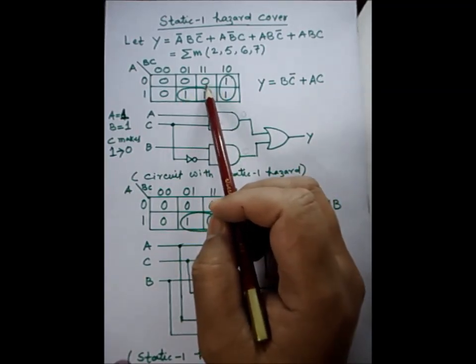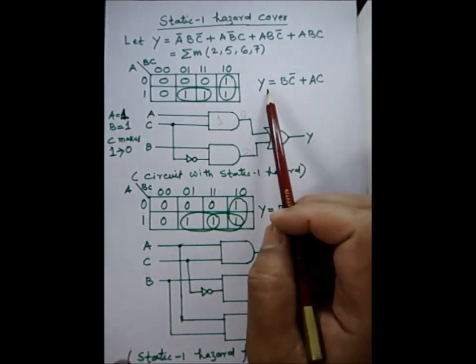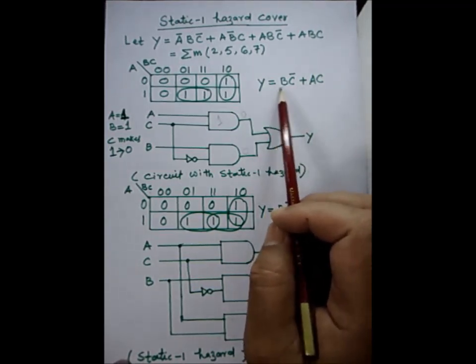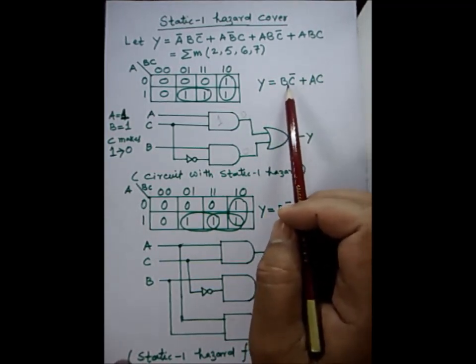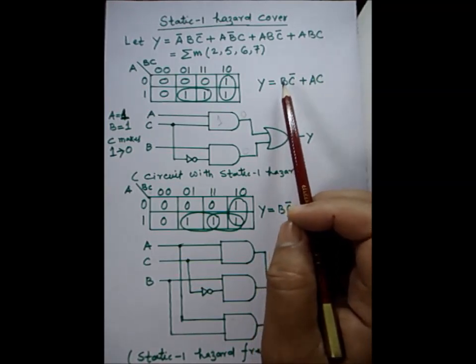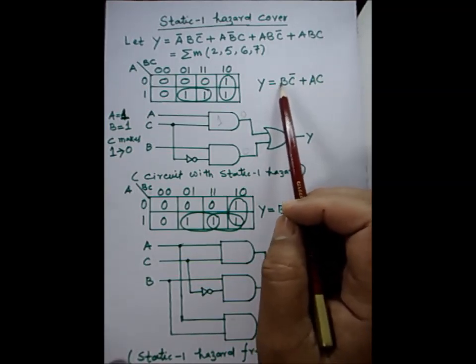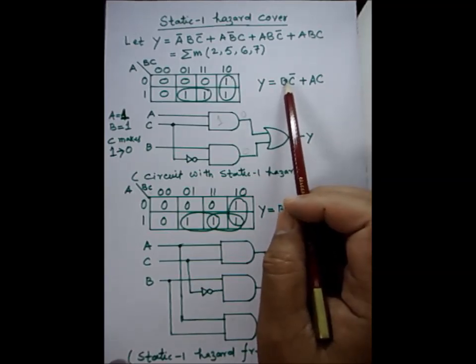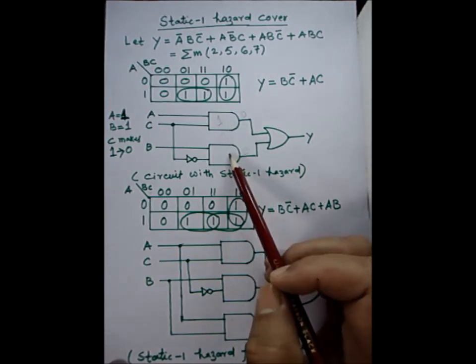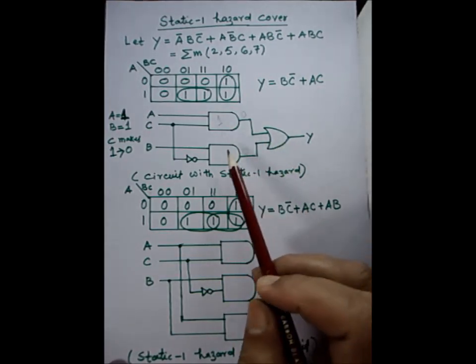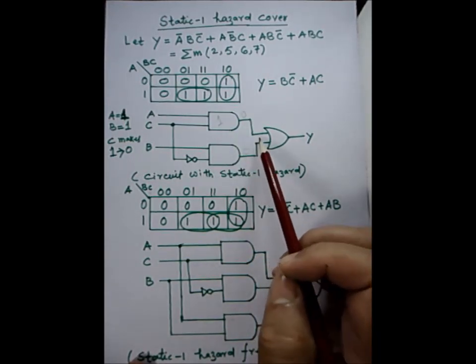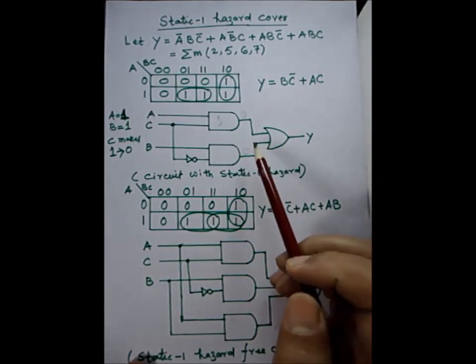After simplifying with the help of a K-map, we got the minimized expression in sum of products form. This minimized form of the Boolean expression is drawn here in basic gates, and this circuit is not free from the static 1 hazard.